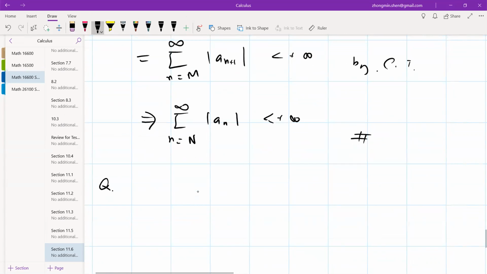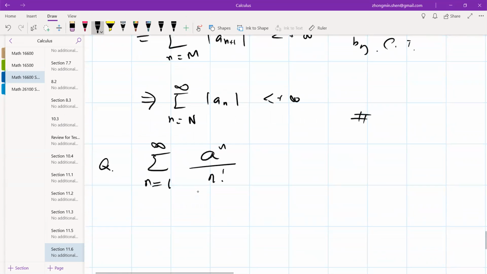So now we look at the following example. A good example is the series of a^n over n factorial. Study this.